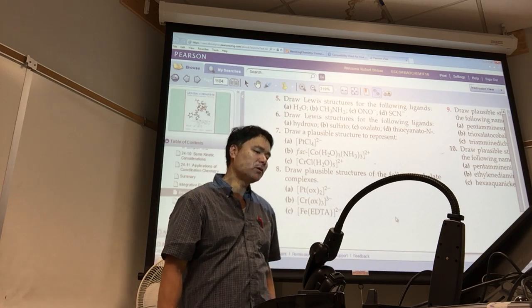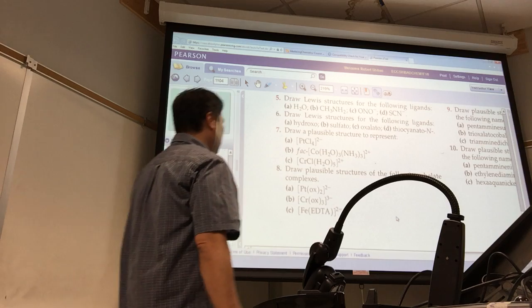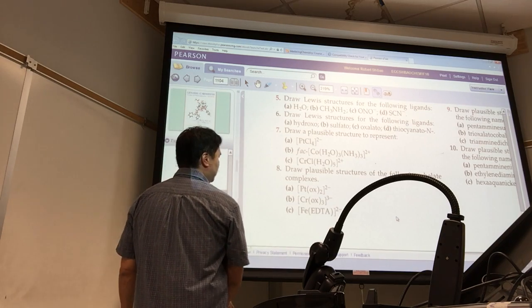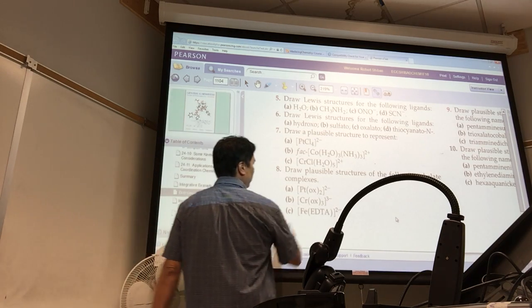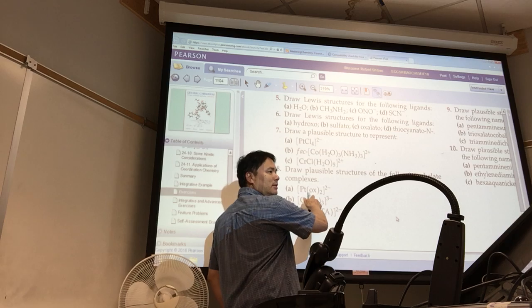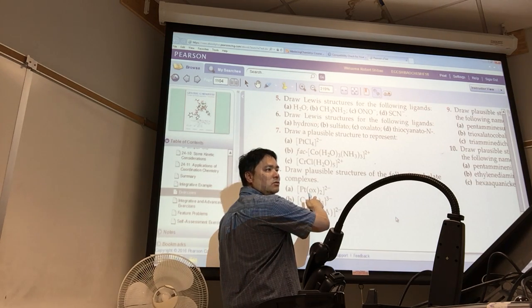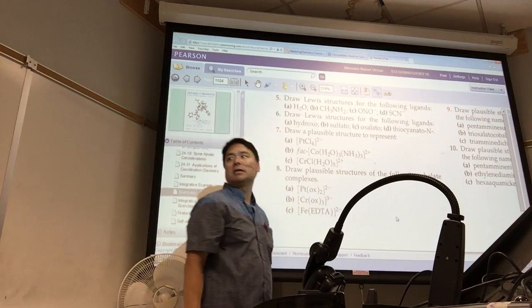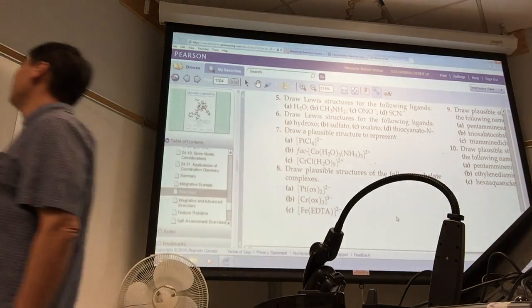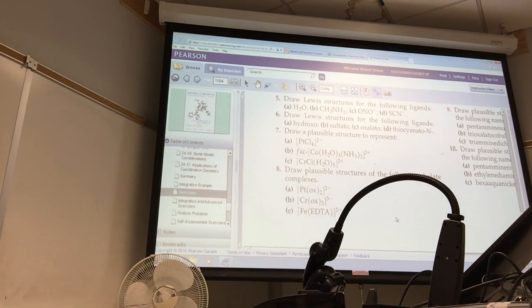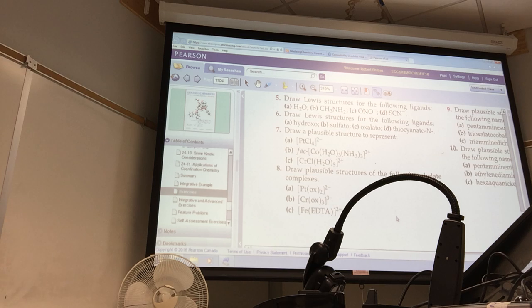The coordination number is how many atoms are bonded to platinum, and in this case it would be 4. Does that make sense? Because these are bidentate ligands. Yes, sir? We said that oxalate is a bidentate ligand. Why is it not more? Oxalate should be a tetradentate ligand, it looks like, at least.